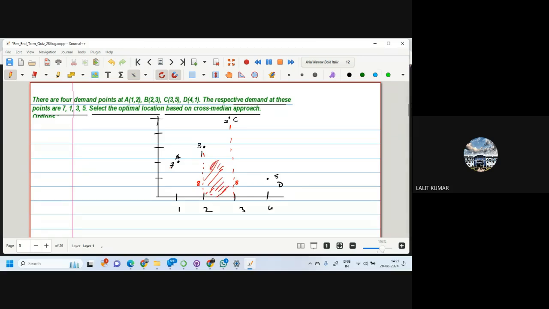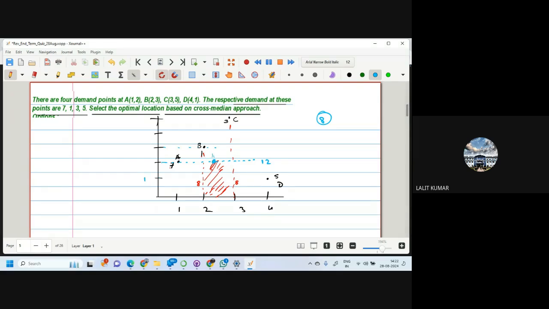Now the second, we solve vertically. Vertically, 5 plus 7 is 12, here this is 12, and this comes 3 plus 1, 4. So the median of 7 plus 1, 8, is 8. So where is 8? 8 will be somewhere here. 8 cannot go here, so this will be the line.